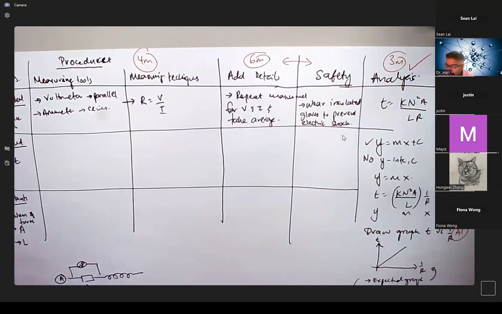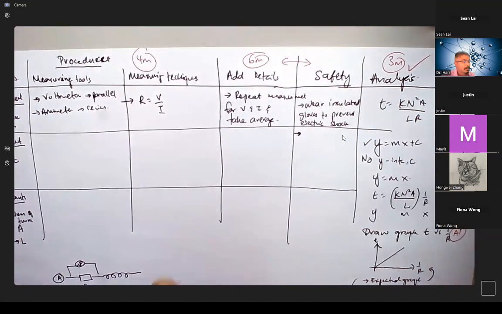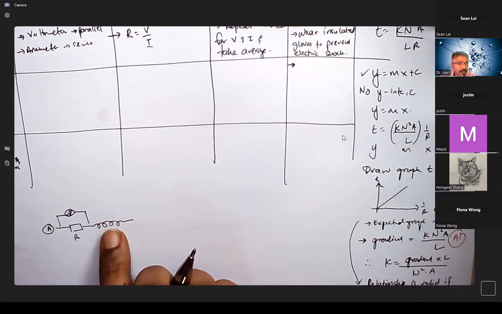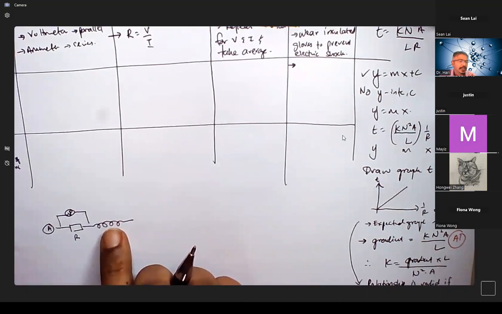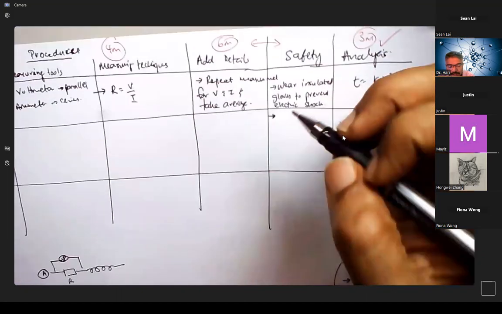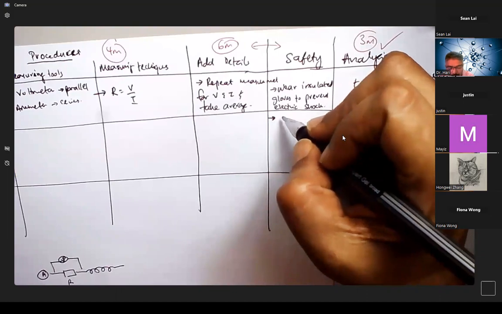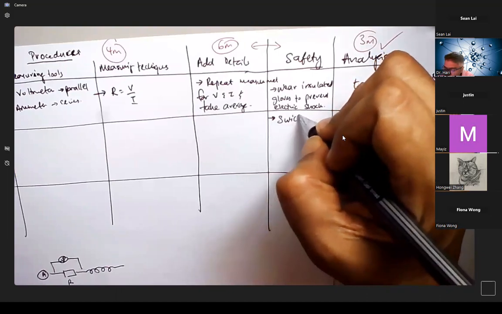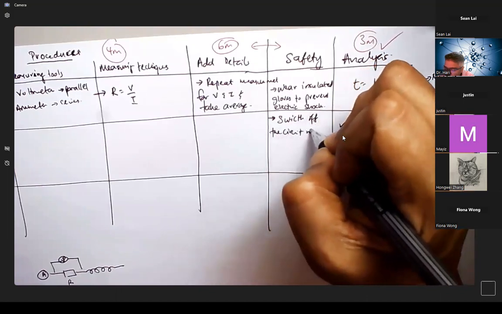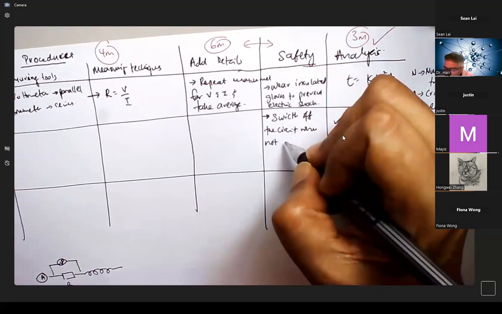And remember, there's some sort of heating involved here. It's not the main purpose of the experiment, but whenever you are suggesting electrical instrumentation which involves high voltage, high resistance, and some heating element, you must always suggest to switch off the circuit when not taking readings.